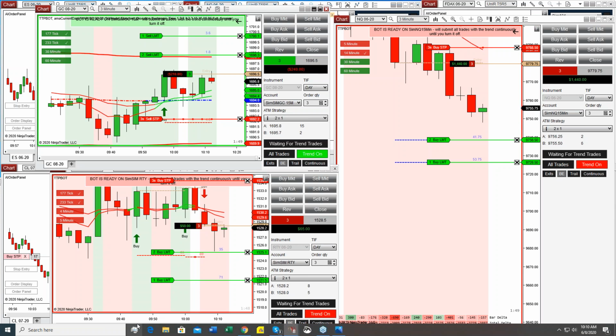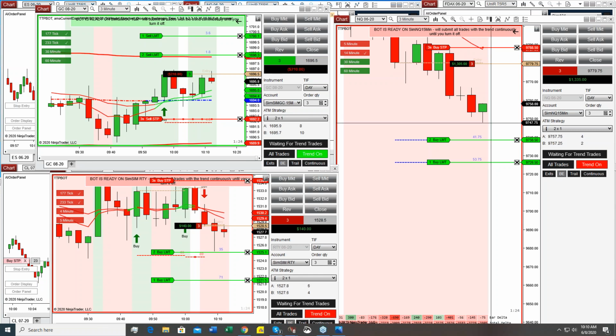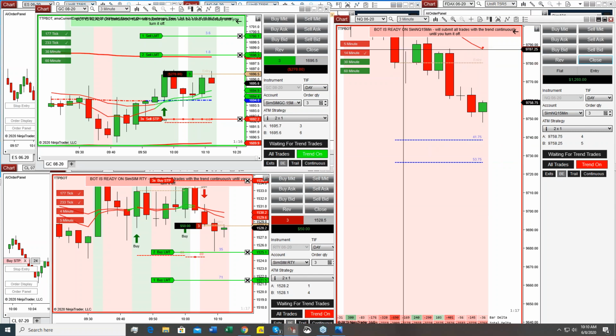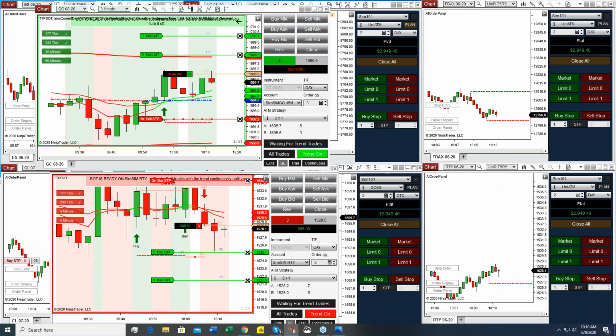And gold pulls back. Almost 2,000 net buyers on the day. I close that. That's out. I still think it'll get targets eventually.